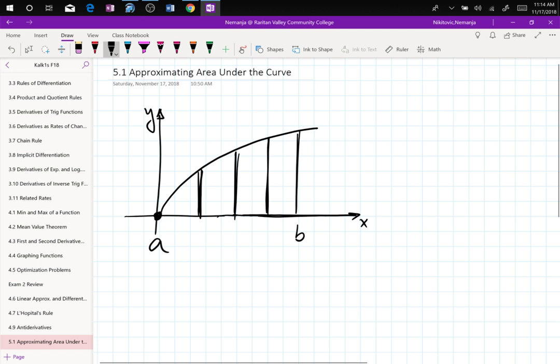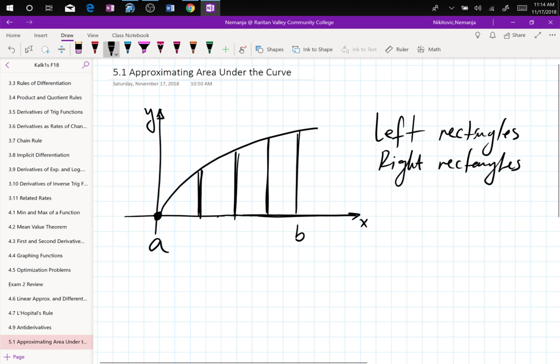So we are going to have left rectangles, right rectangles, and middle or midpoint rectangles. We're going to have three different kinds.